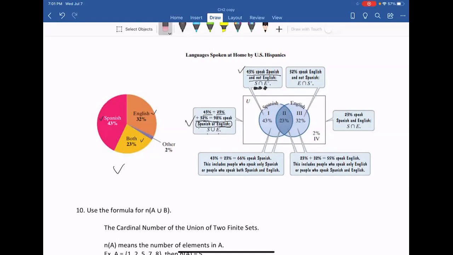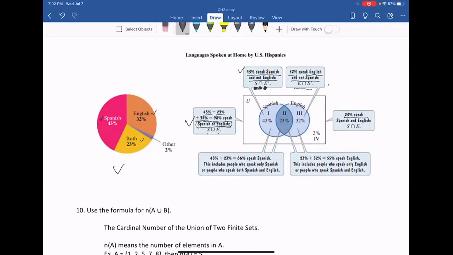Let's move on to the next part. 32% speak English and not Spanish. So speak English and subtract this area, area 3, which is 32%. That means you see E intersect the complement of S.